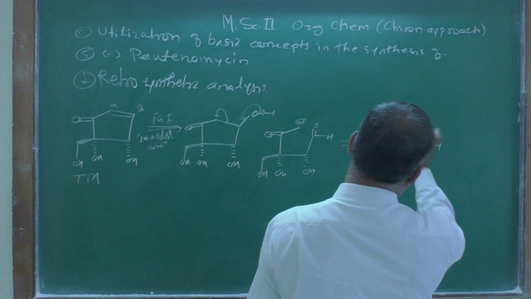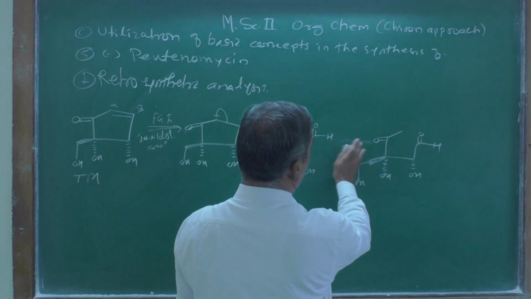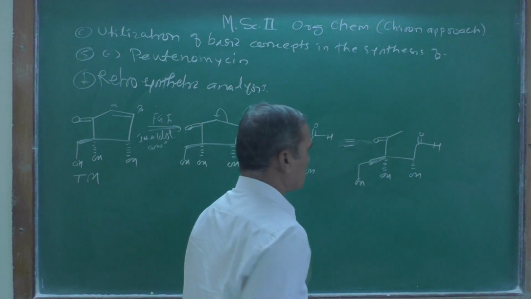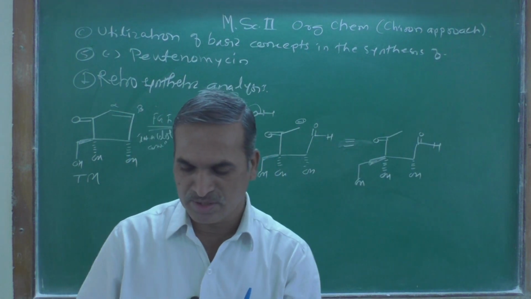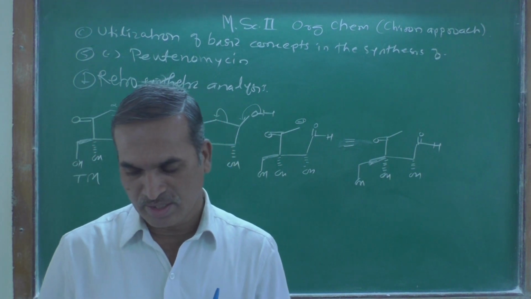We are writing only a synthetic equivalent over here, or we can write the synthetic equivalent by using this, and this are the same. We just bring it as a hydrogen atom over there, right?